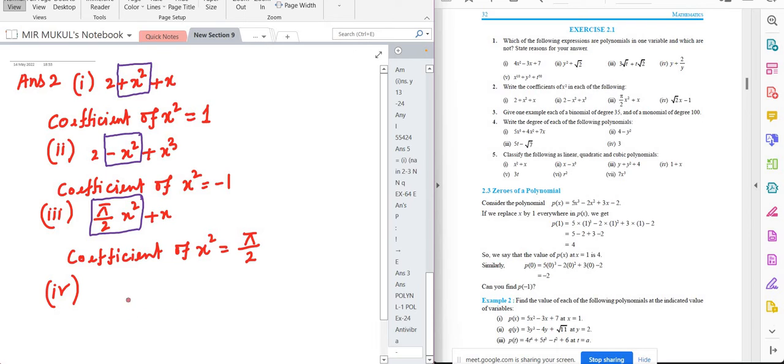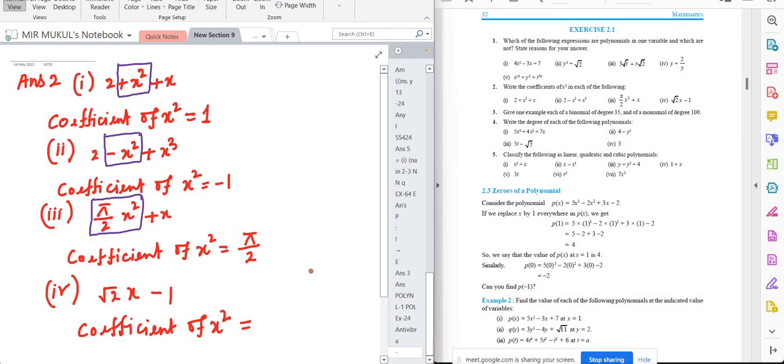And then the fourth one, root 2 x. Naima will tell. What is the coefficient of x squared? Root 2, but that is the coefficient of x. So where is x squared? Search. Is it there?